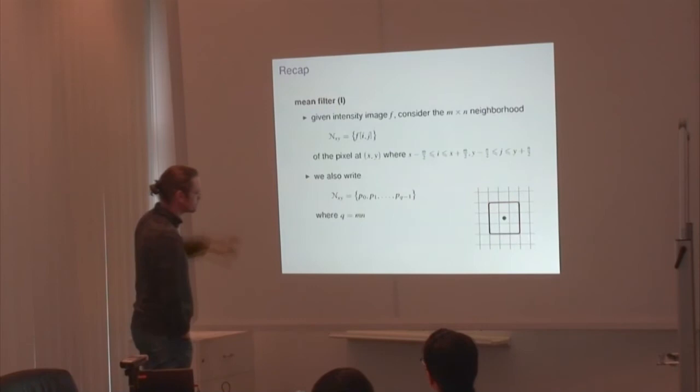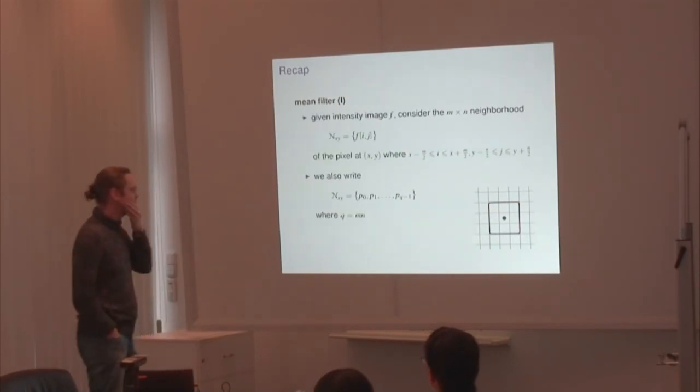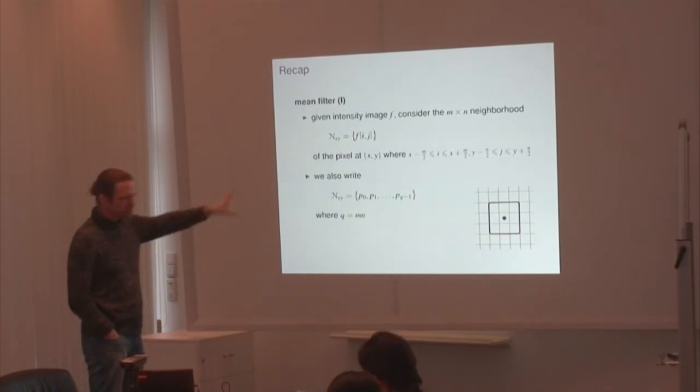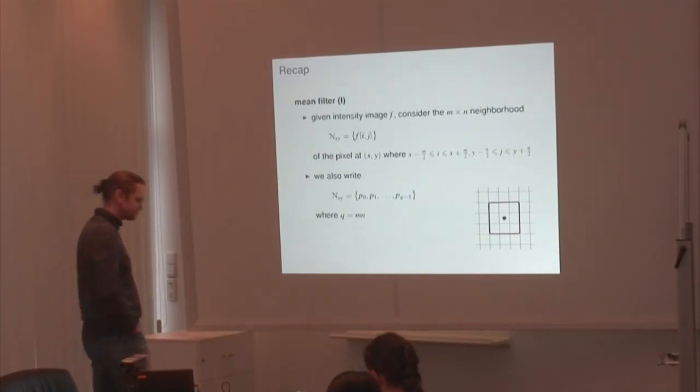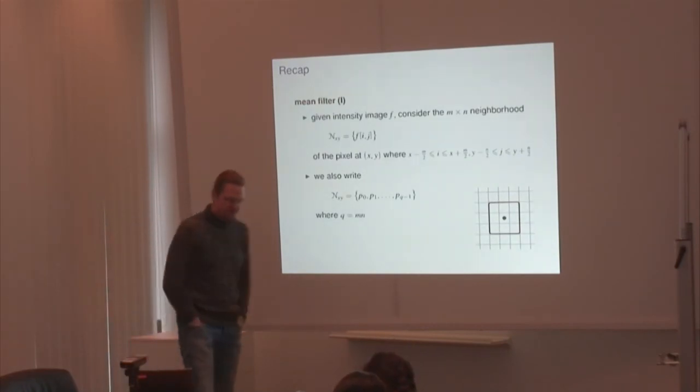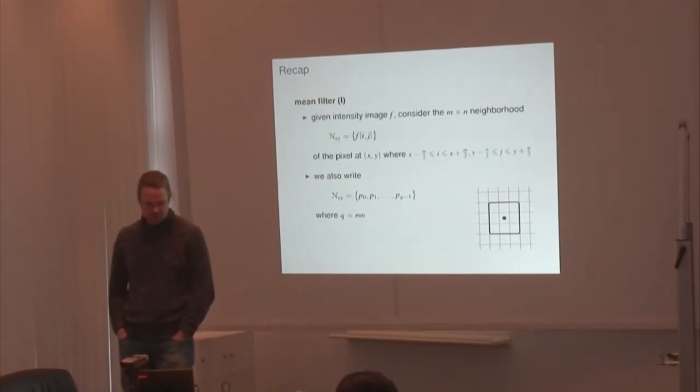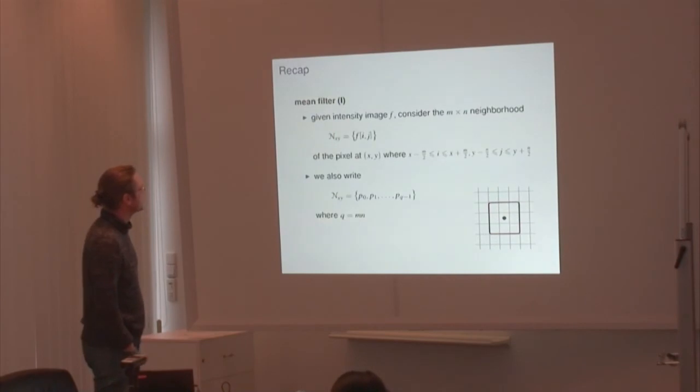So once again, what did we do when we were talking about the mean filter? And this note is a different way of explaining that. Last time we started with the point of view of convolution. Now we look again at neighborhoods.